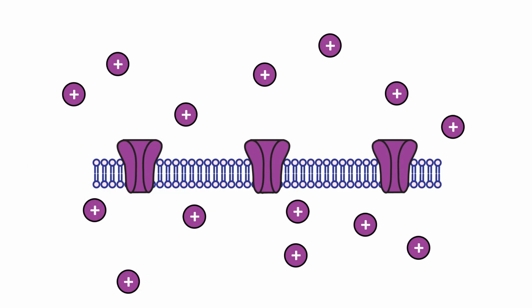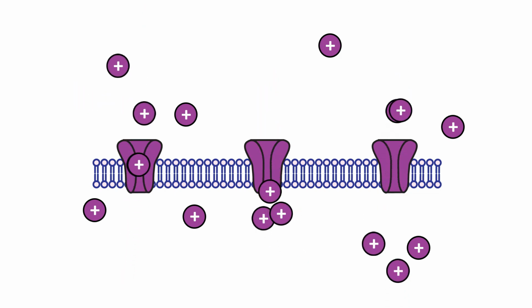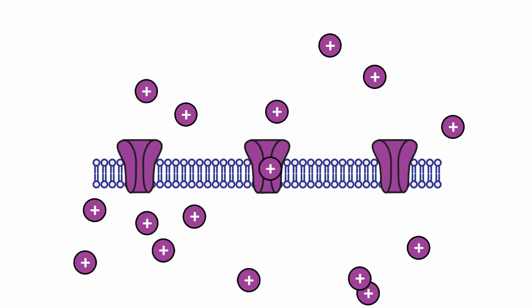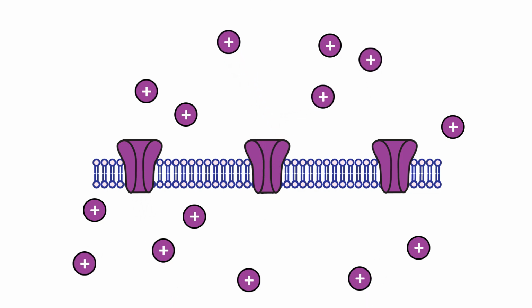Now let's talk about equilibrium, or when there's no net ion movement. Ion equilibrium occurs when the concentration gradient and the electrical gradient balance each other out, or for a given ion, when the electrical and concentration gradients are equal in strength, but pull the ion in opposite directions.